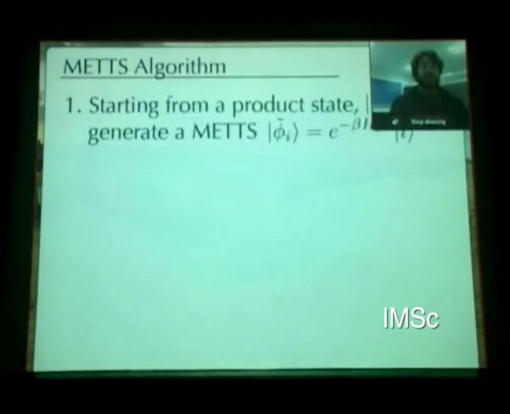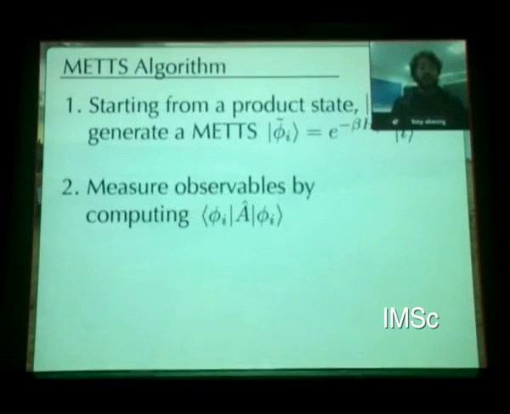So now on the next slide, let me summarize the 3 steps of this algorithm just to bring it all together. So again, the algorithm is you start from a product state labeled i, and then you generate an unnormalized METTS phi tilde by applying this e to the minus beta H over 2 to it. Then you normalize the state.